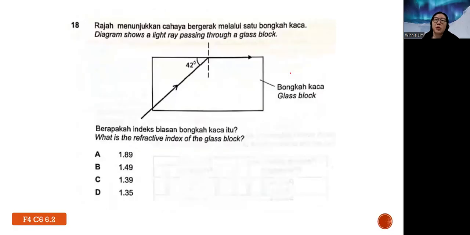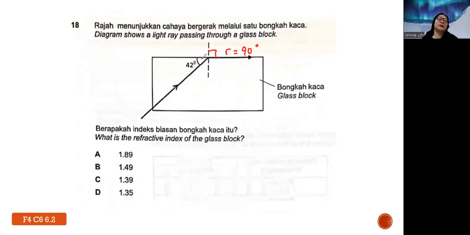18. Diagram shows a light passing through a glass block. What is the refractive index of the glass block? So you have this formula. This is actually under total internal reflection already. Notice the ray actually refracts at an angle of refraction of 90.